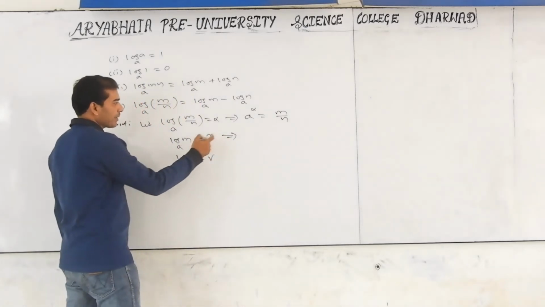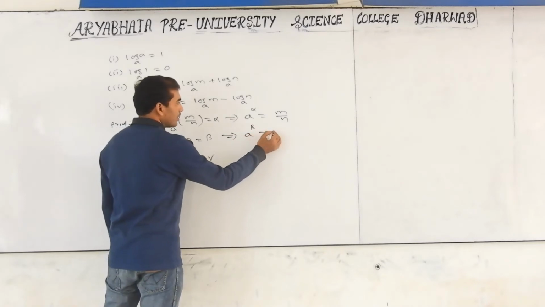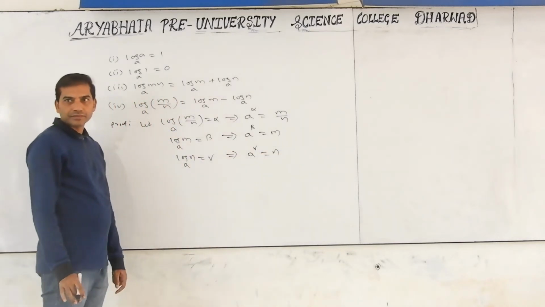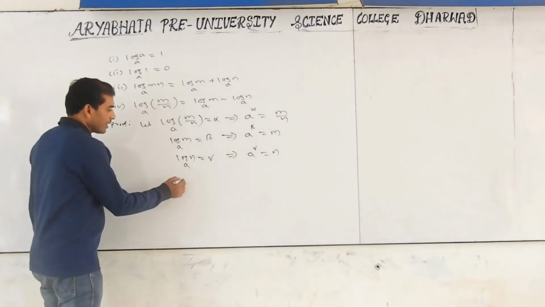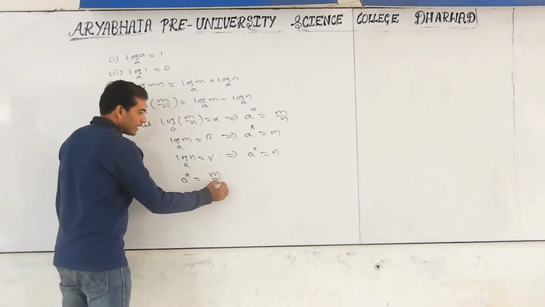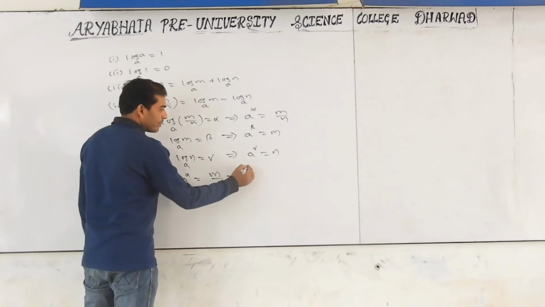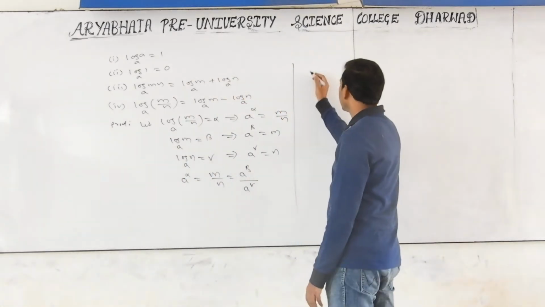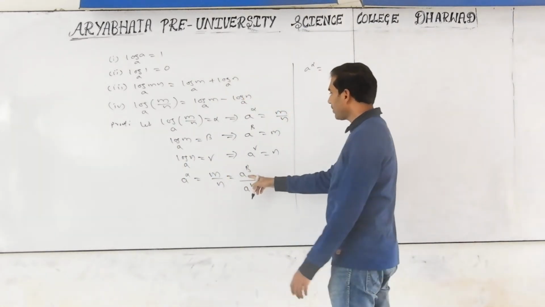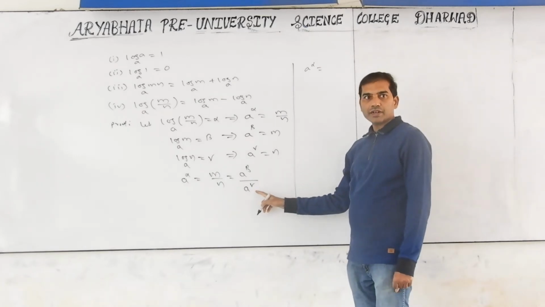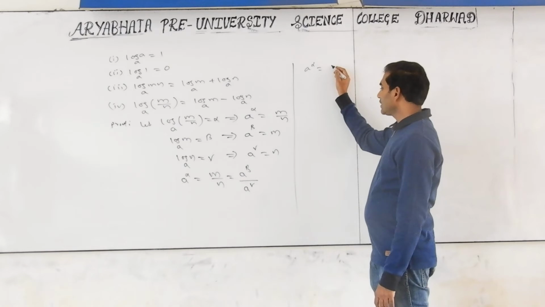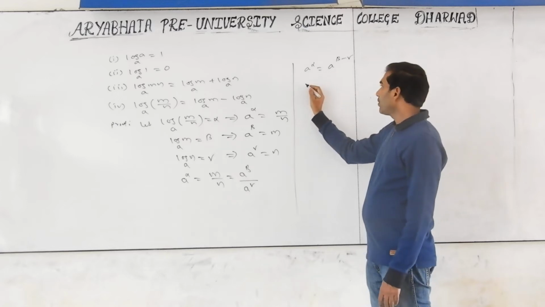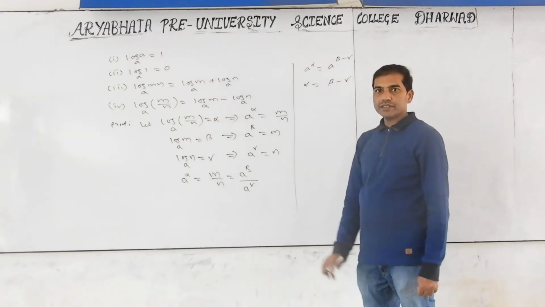Similarly, a power beta equals m and a power gamma equals n. Now a power alpha equals m by n, which is a power beta by a power gamma, equal to a power beta minus gamma. Bases are equal, so powers are equal: alpha equals beta minus gamma.